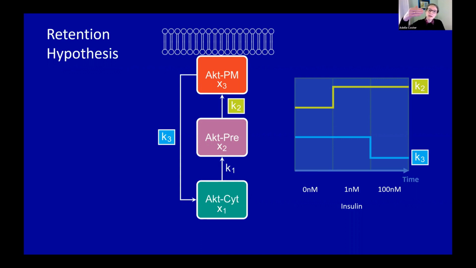And then when you apply further high levels of insulin, it allows the return pathway to be altered so that we retain more at the plasma membrane. In other words, if you reduce K3, then you end up retaining more at the plasma membrane.